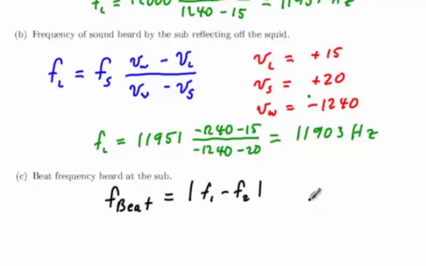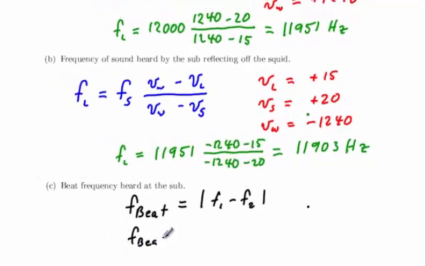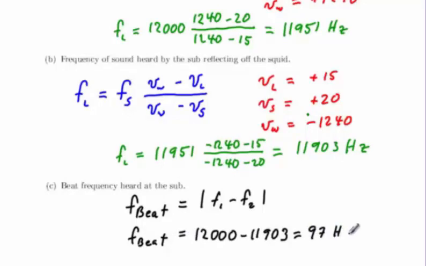The answer is that the 12,000 and the 11,903 are heard at the submarine. The 11,951 hertz is only heard by the squid, and no one on the submarine is subjected to that frequency. Therefore, when we take our difference to determine the beat frequency, we'll use the 12,000 and the 11,903 to get the result 97 hertz, as heard at the submarine.